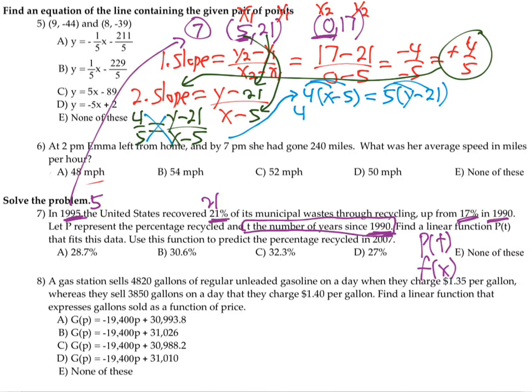Distribute the 5. 4x minus 20. 5y minus, I think it's 105. y is saying what he's always saying, I want to be alone. So we've got to get y alone. So what am I going to do to get y alone? Add the 105.